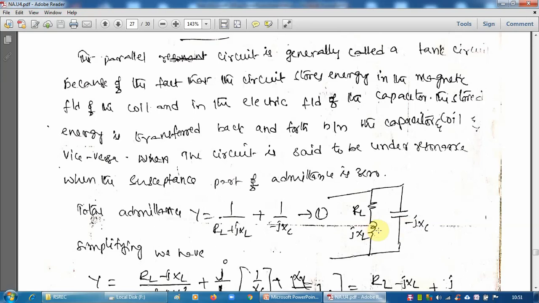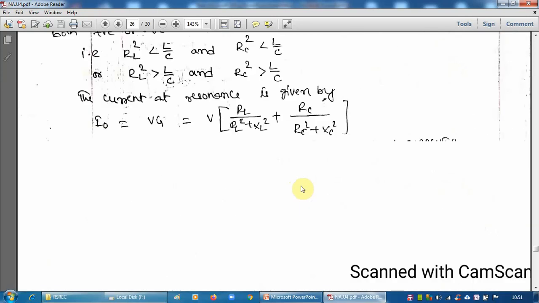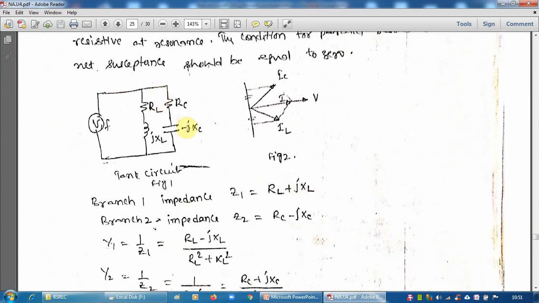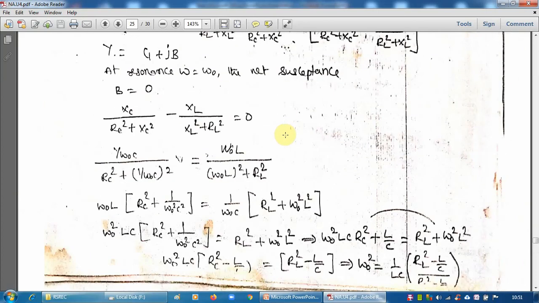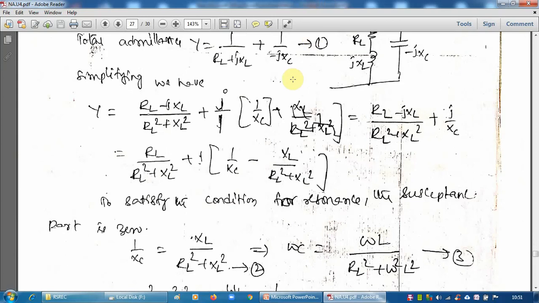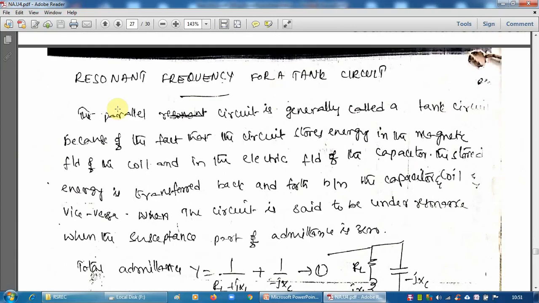So we can consider this circuit or the previous circuit as a tank of energy. Tank means a reservoir of energy, exporting from one branch to the other branch. In that sense, we can call this circuit or the previous circuit a tank circuit also.